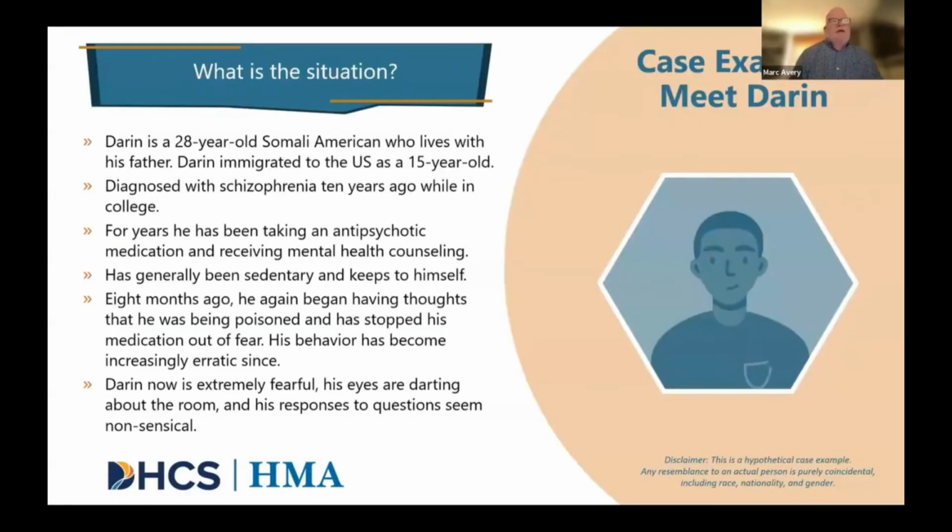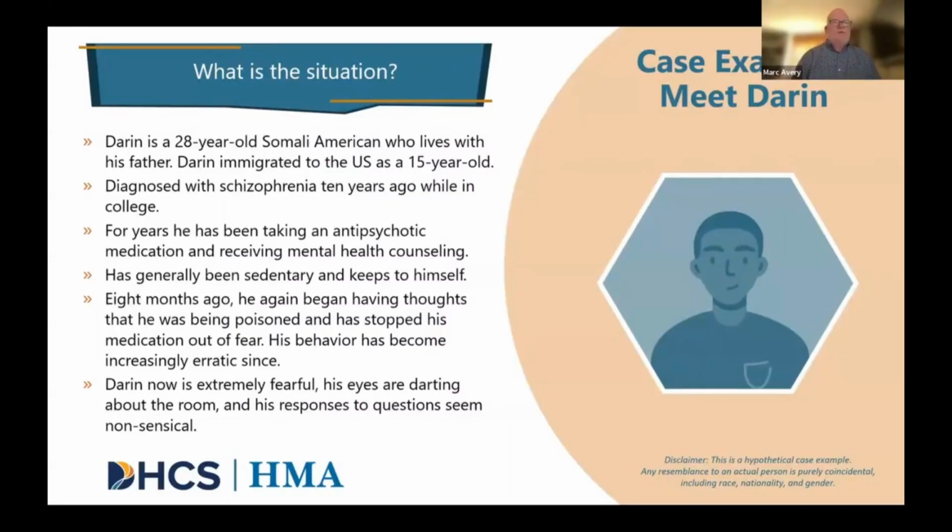I'd like to discuss a hypothetical person named Darren. Darren is a 28-year-old single male who lives with his father. He immigrated from Somalia to California when he was 15 years old. Darren was diagnosed with schizophrenia at age 18 after having an emotional breakdown in his first year of college.